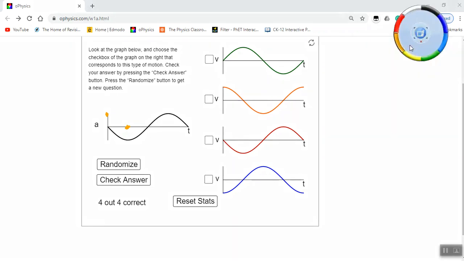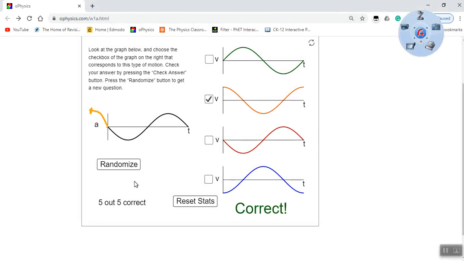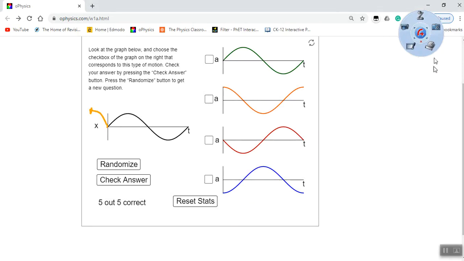Now, if I have an acceleration time graph and my velocity graph, then my velocity graph would start there. Displacement is opposite of acceleration.